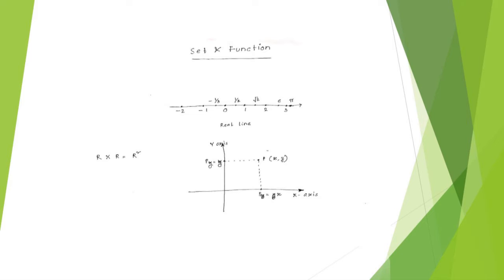Then we moved on and introduced functions, and in functions we got the idea of what a function is, and we also discussed different types of functions like one-to-one function or onto function or bijective functions.